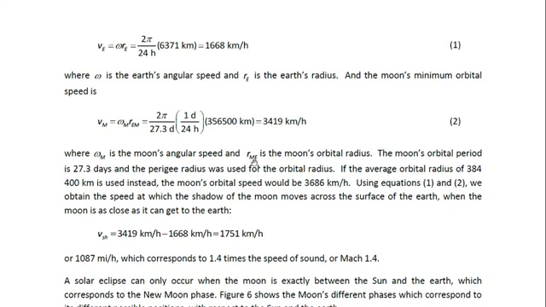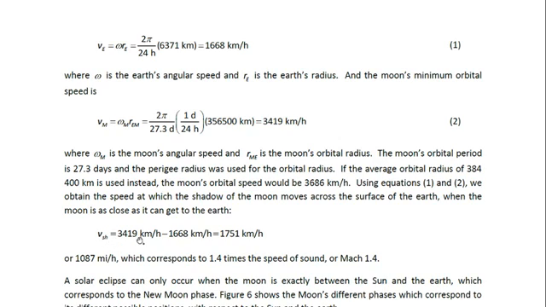And then the moon's shadow will move across the Earth at a speed of 3,419 kilometers per hour minus the Earth's orbital speed, and that gives us 1,751 kilometers per hour. Or, in other words, 1,087 miles per hour.